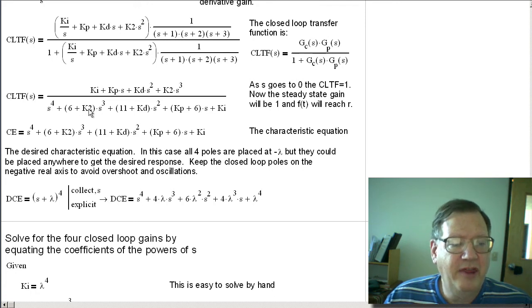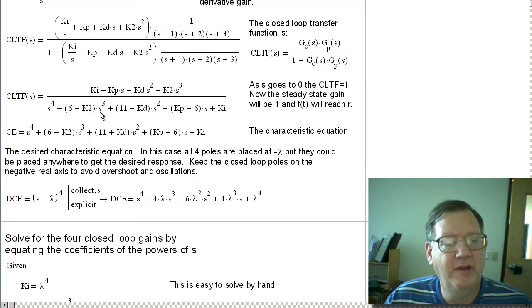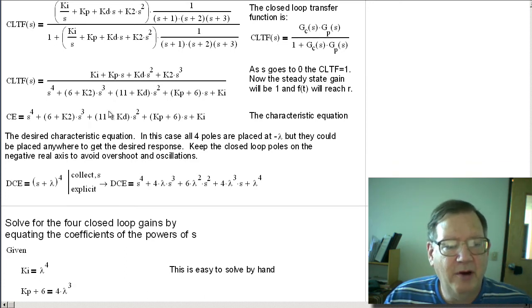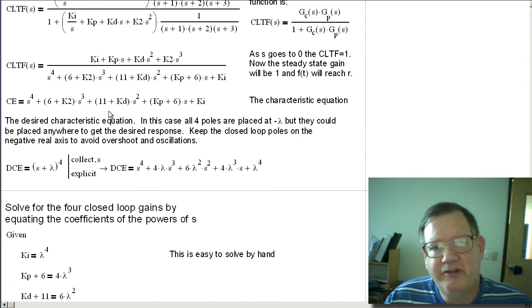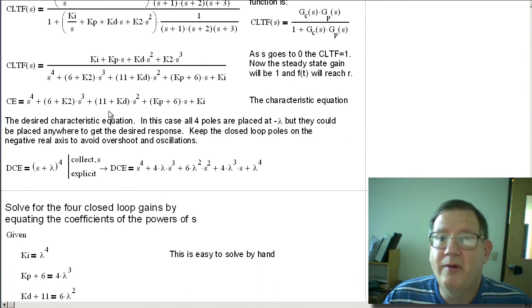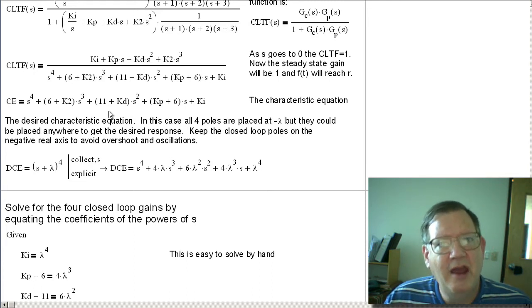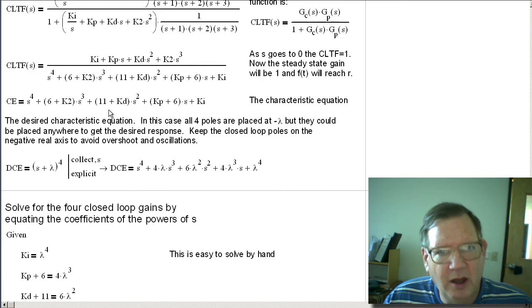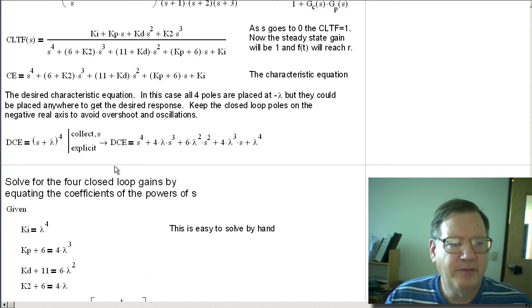But notice the second derivative gain is now a part of the coefficient for the s to the third power, and that allows us to place all four poles. What it allows us to do is place all four poles on the negative real axis, so there's no overshoot, and we can also move the four poles to wherever we want along the negative real axis.